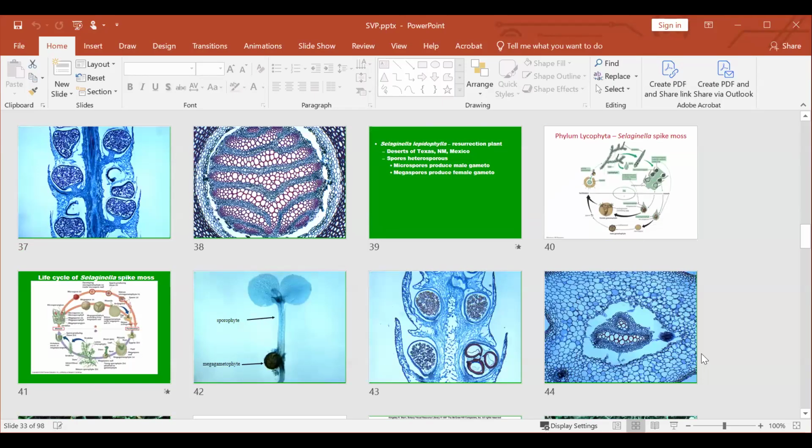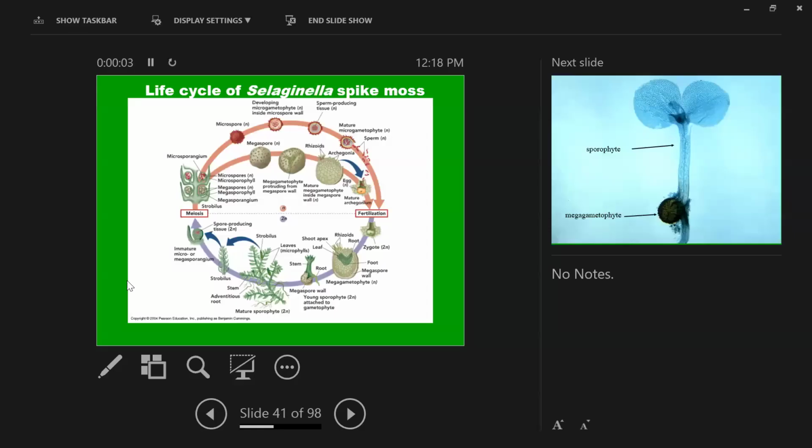Anything else on here? Well, don't forget about the spike mosses. They're weird in the sense that they're the group showing megaspore and microspore. Up until this point, we've only been talking about spores.